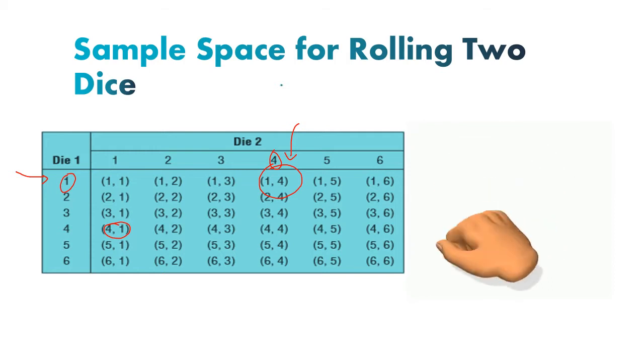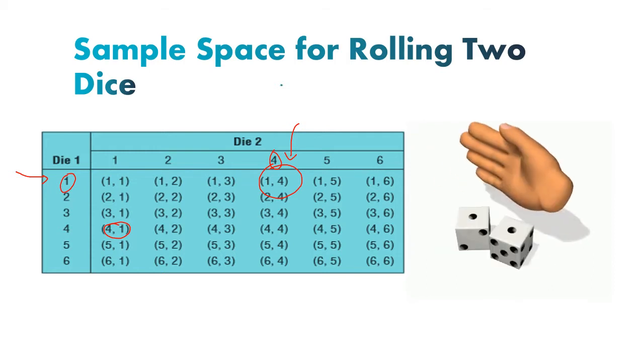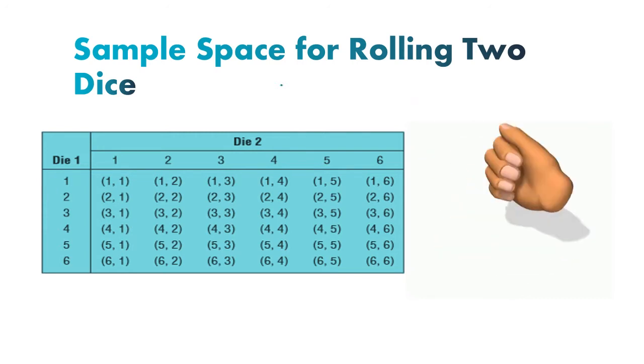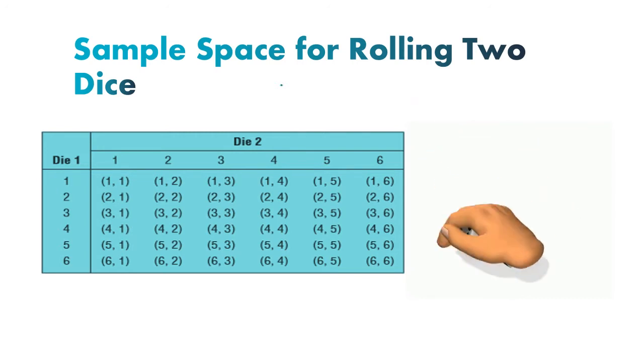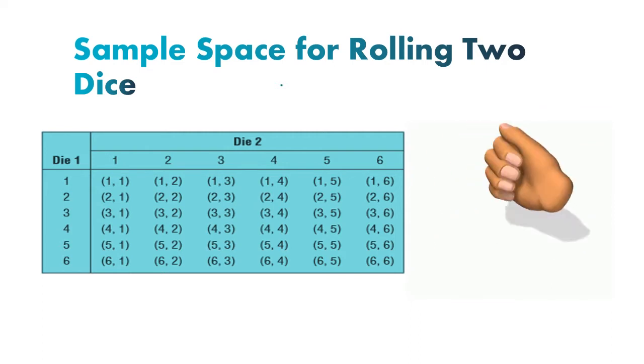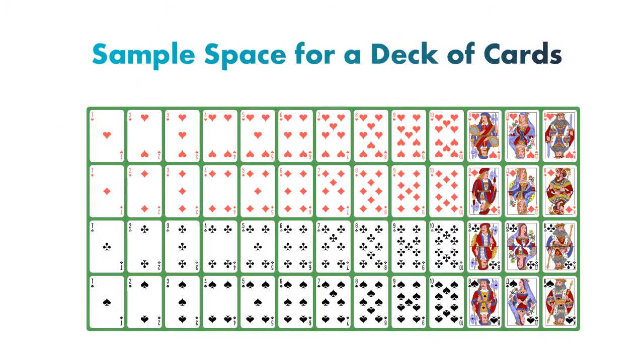When we roll two dice, 1-4 is different than 4-1, etc. So we have two dice, we have two faces. This is the sample space for a deck of cards.